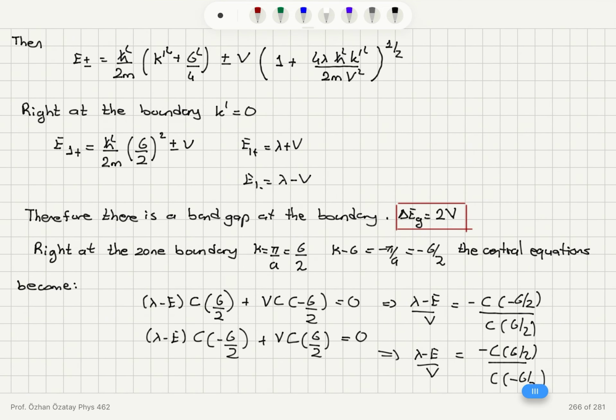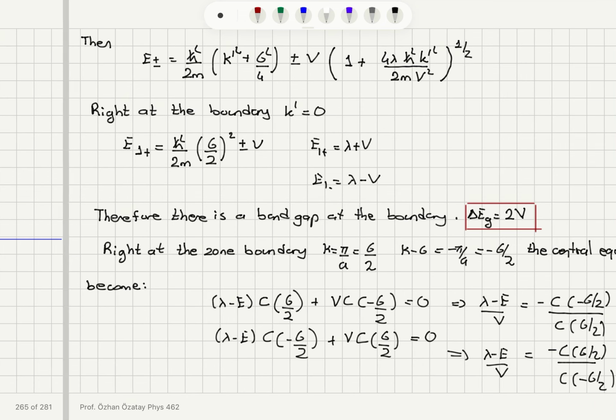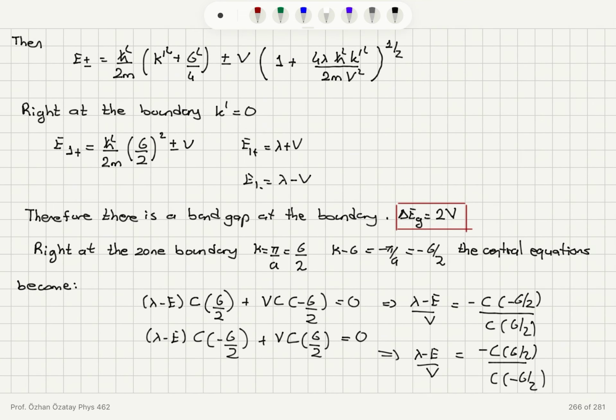So therefore, I have for the energy plus or minus solutions h bar square over 2m, k prime square plus g square over 4 plus or minus v times the square root of 1 plus 4 lambda h bar square k prime square over 2m v square. So I have taken v outside, and I have taken v square outside the parentheses.